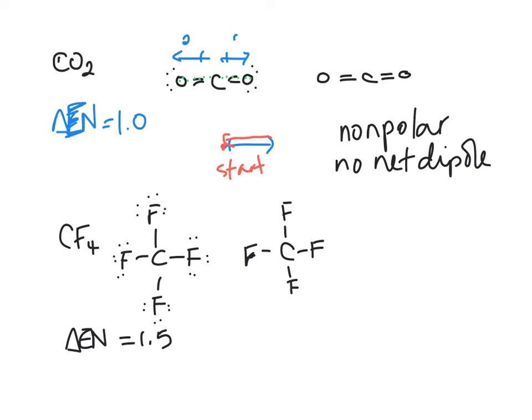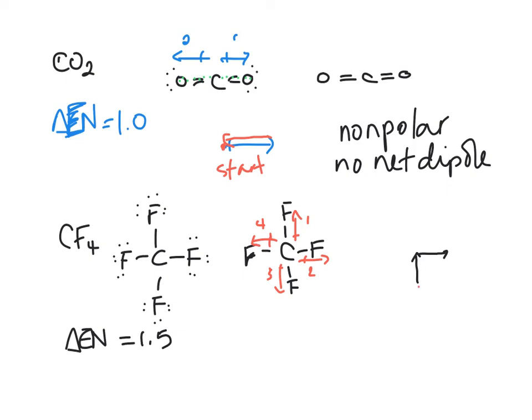So we have dipoles. The fluorines have a greater pull, so they're a little bit negative. Carbon's a little bit positive. These are all the same length because the difference in electronegativity is equal. So if we did our vector diagram for this, 1 went up, 2 went to the right.